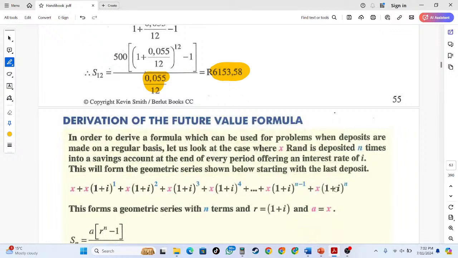Now, at some point, it would have accumulated interest for a couple of months, which is X, open bracket 1 plus i, close bracket to the power n. This forms a geometric series because this would be your r, and this would be your a, the first amount. Let's continue.